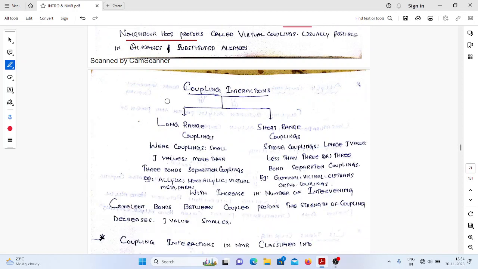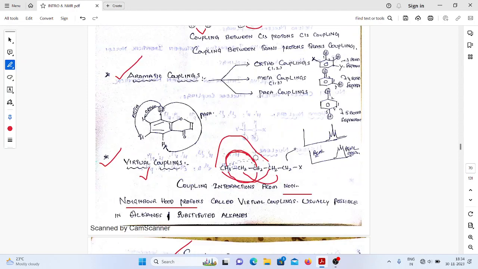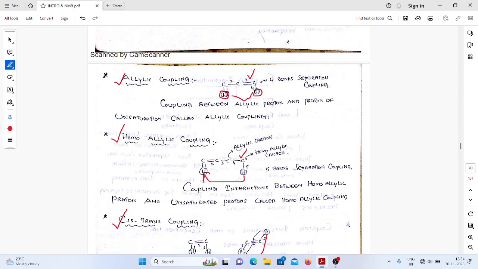All these kinds of couplings are divided into two portions. What are those? Short range couplings and long range couplings. Long range couplings are weak couplings. Short range couplings are strong couplings. Why? Because all the couplings which we are observing in all these cases are possible through the bonds only: through the first bond, second bond, third bond, and fourth bond.